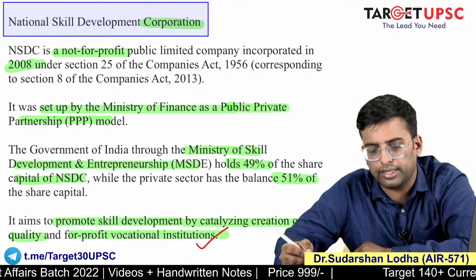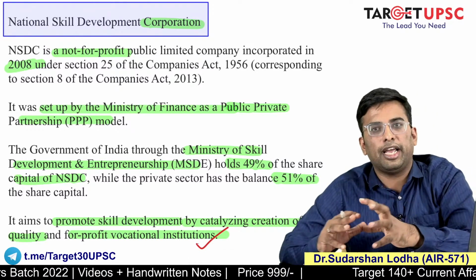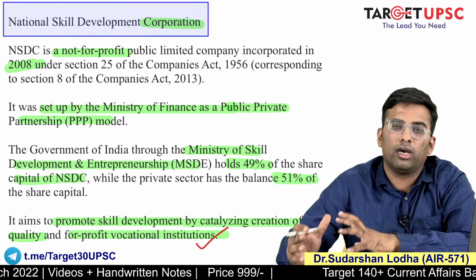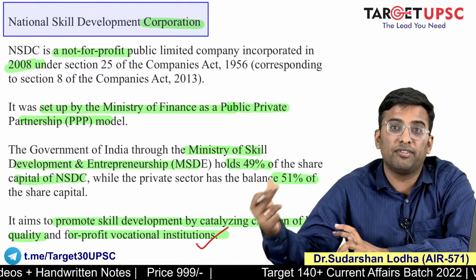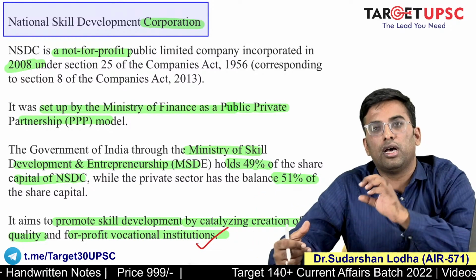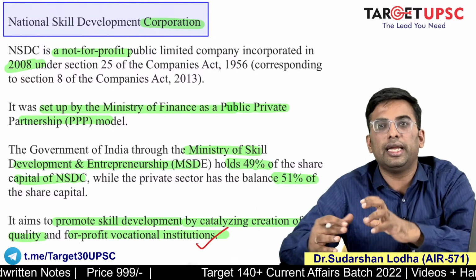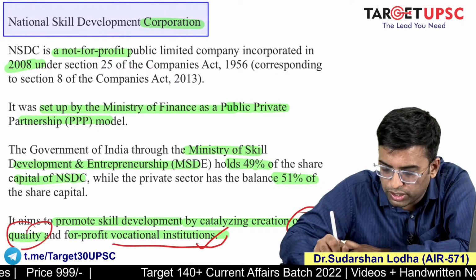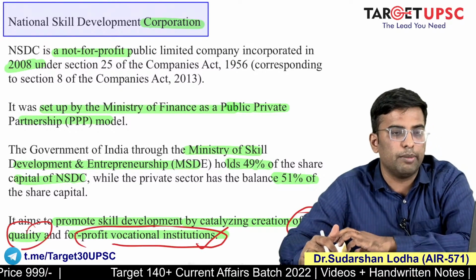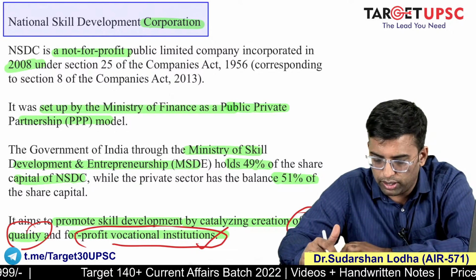So what this organization does is it supports setting up of big organizations which give training, which give skills to all the required people. So basically it supports creation of large quality non-profitable vocational institutions. Hopefully you are getting the important part through this.